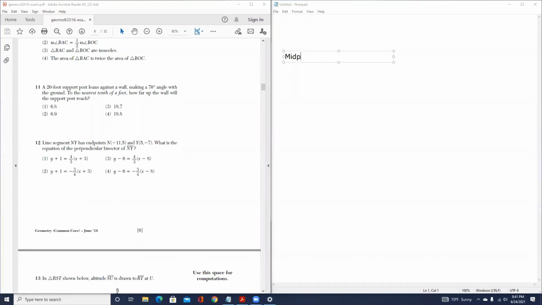So the midpoint is equal to, and this will spit out a coordinate.